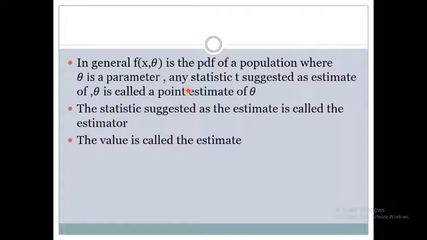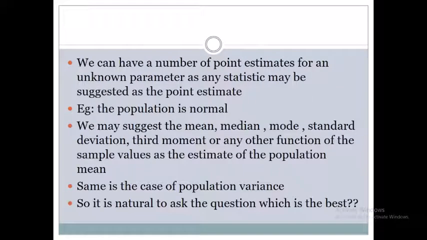We can have a number of point estimates for an unknown parameter, as any statistic may be suggested. If the population is normal, we may suggest the mean, median, mode, standard deviation, third moment, or any other function of the sample values as the population mean. The same is the case with the population variance.